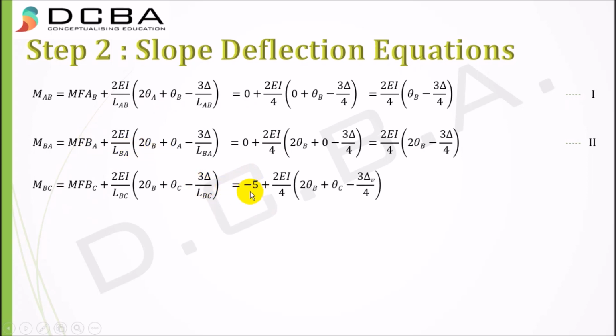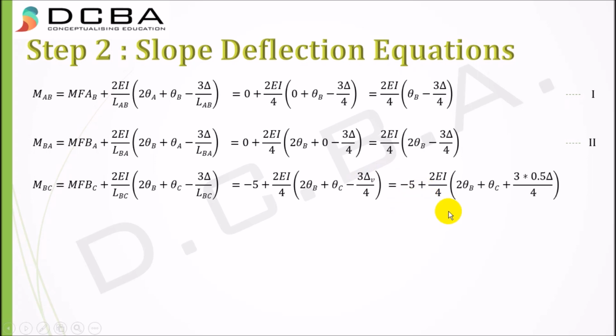Okay, so here it is minus 5. MFBC was minus 5 plus 2EI by 4 into 2 theta B plus theta C minus 3 delta V by 4, since this is a horizontal member and we need to take the deflections which are perpendicular to our members. Okay, so this is a horizontal member, so deflection would be a vertical deflection, delta V.